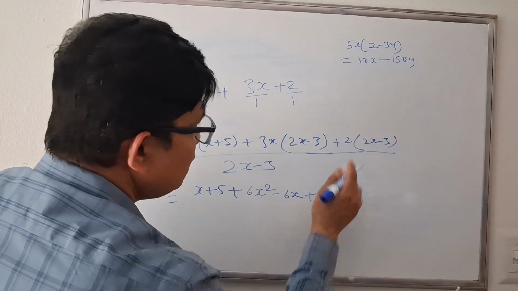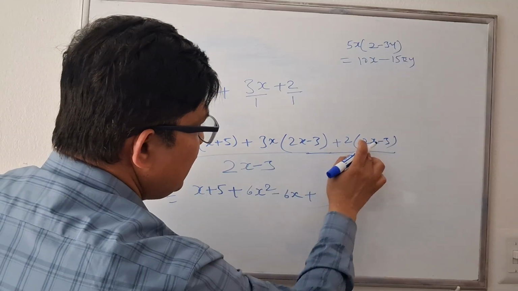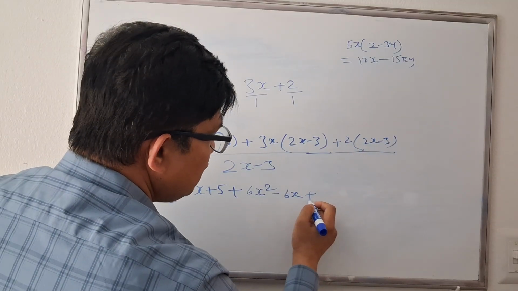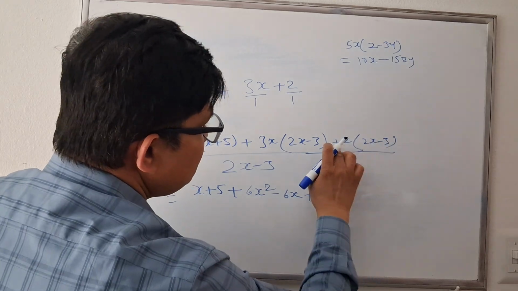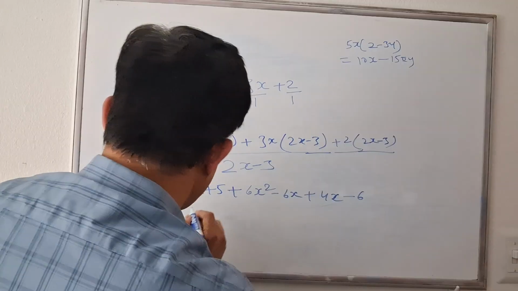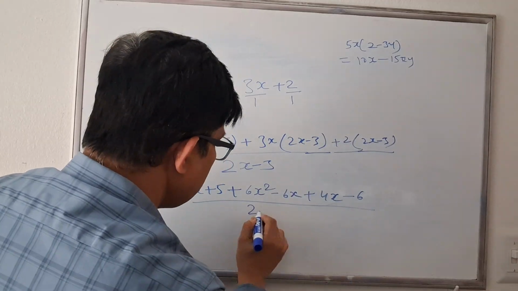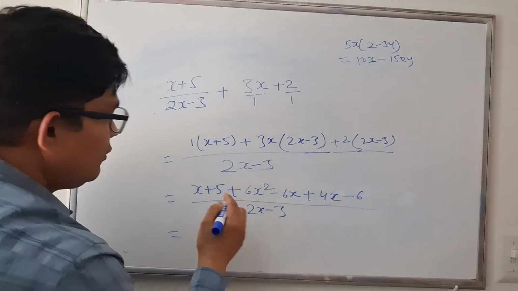Now go here. 2 will be multiplied to both terms. 2 times 2x, and they have plus sign, so I will get plus sign here, 4x. And this has minus sign, minus times plus, minus. And 2 times 3 is 6.